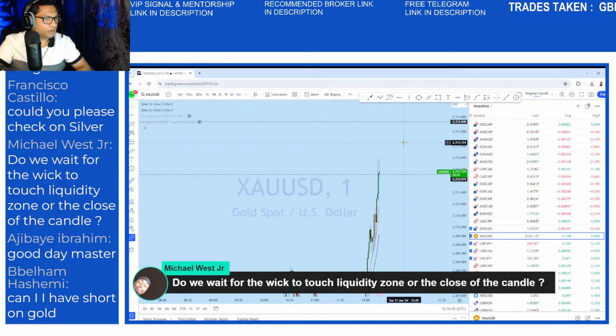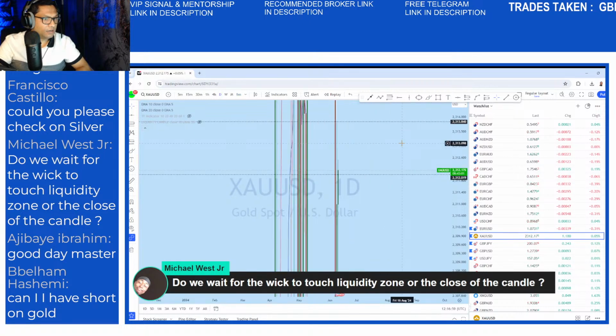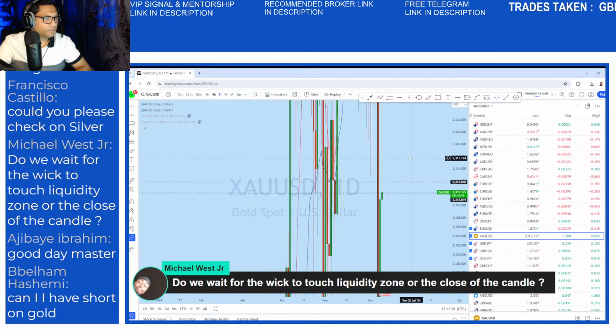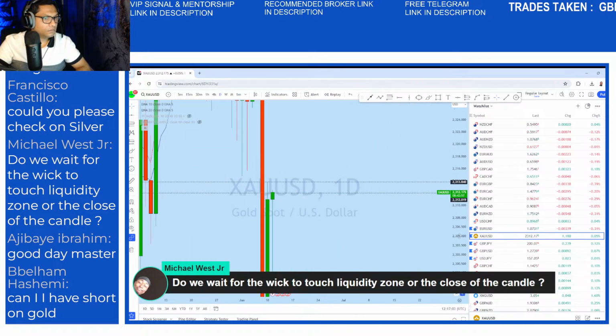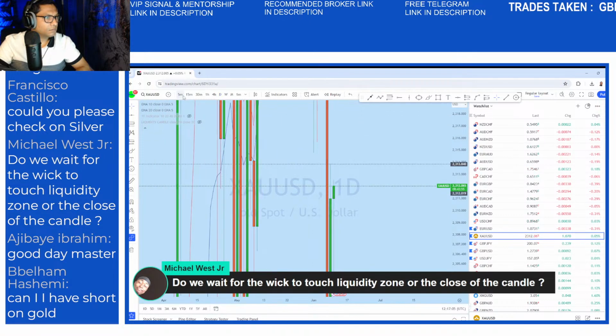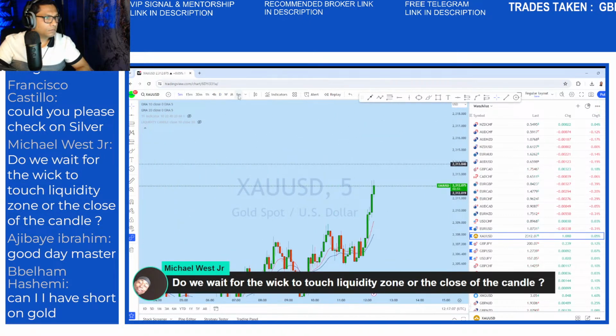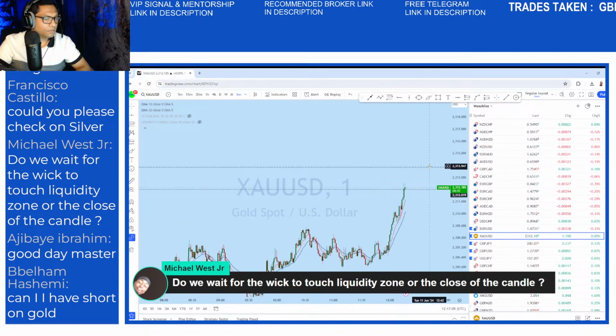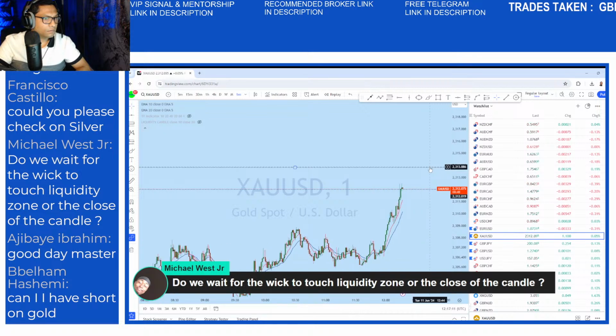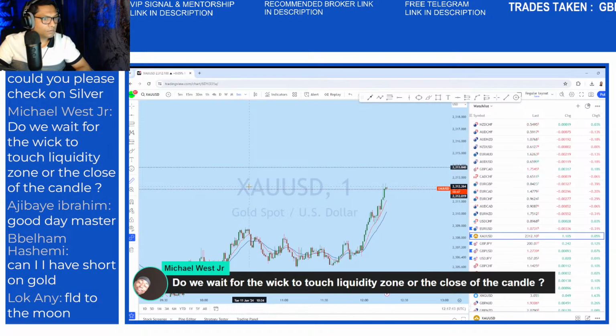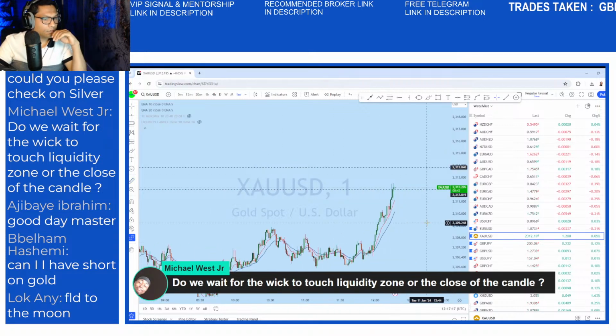So 1 minute gold approaches a very important daily resistance line. Still bullish, so I'm going to sell at the moment.